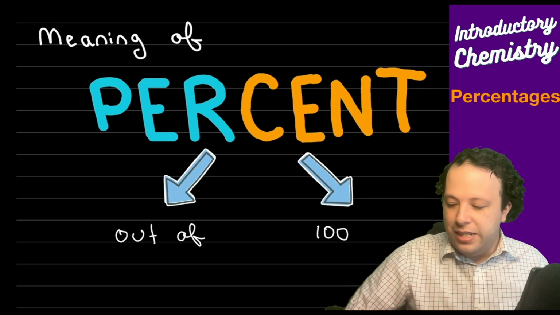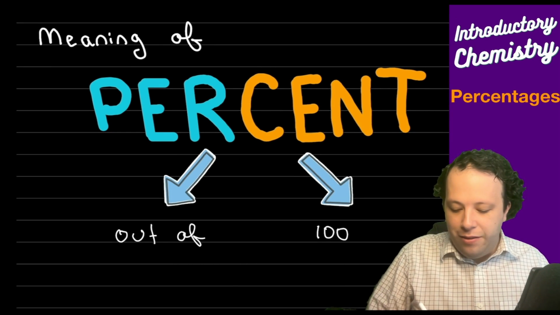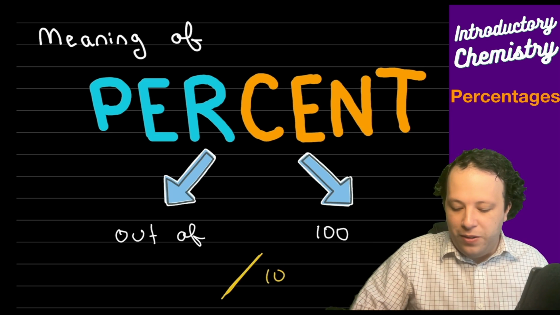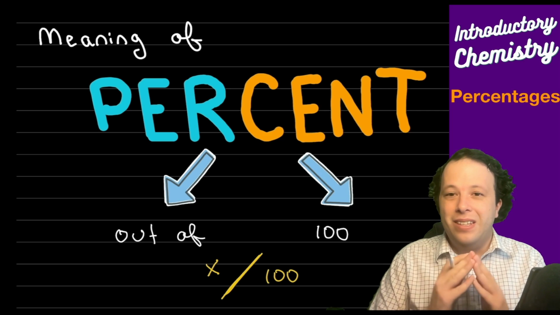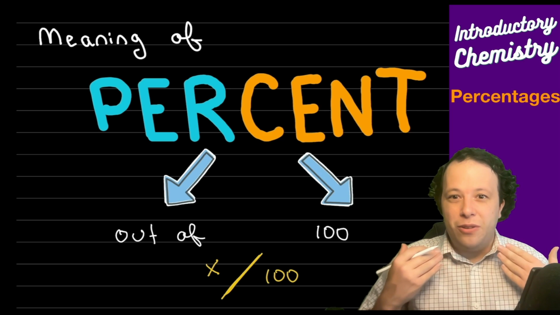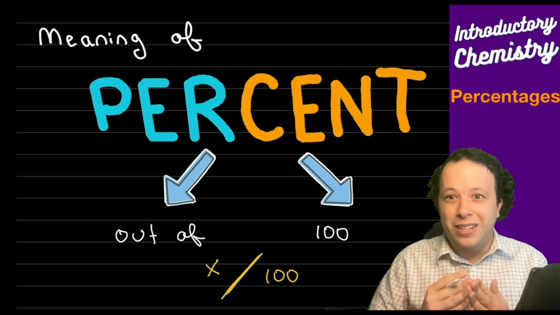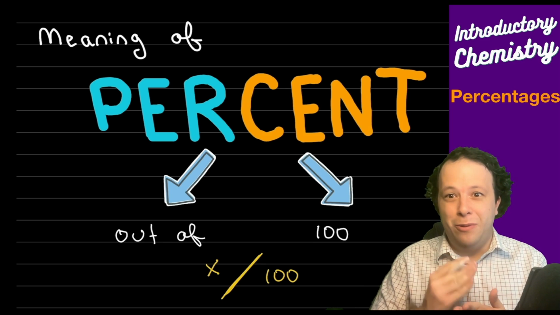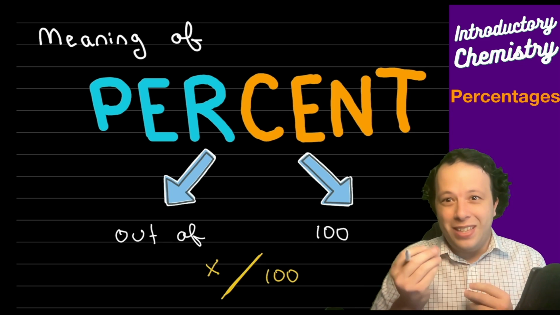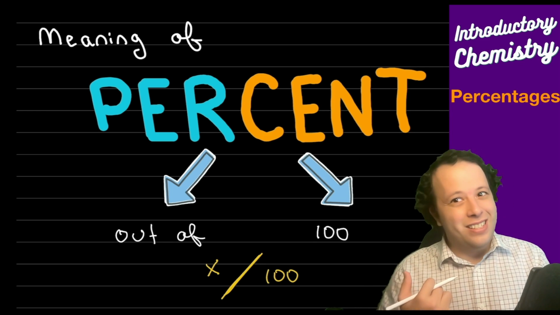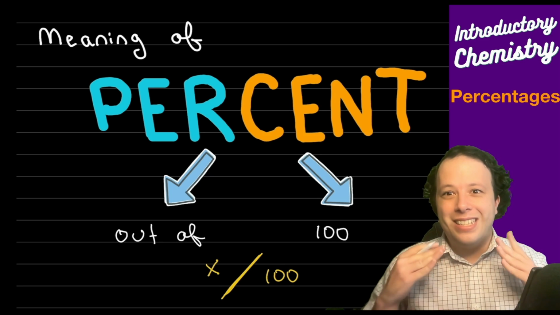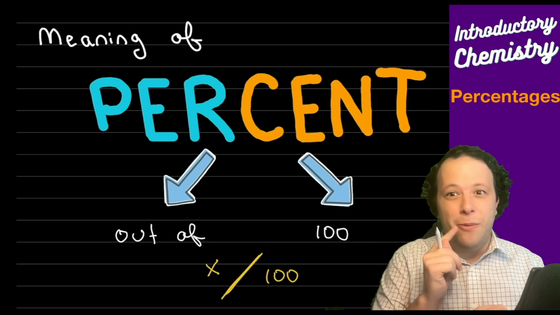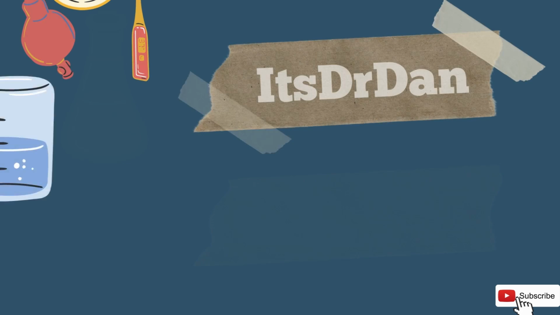So this in itself is a big fraction term where we have some kind of number out of 100. Think of cent like cents in money, or cent in century, right? 100. That will help you remember that. So let's dive into many examples of how we can utilize percents.